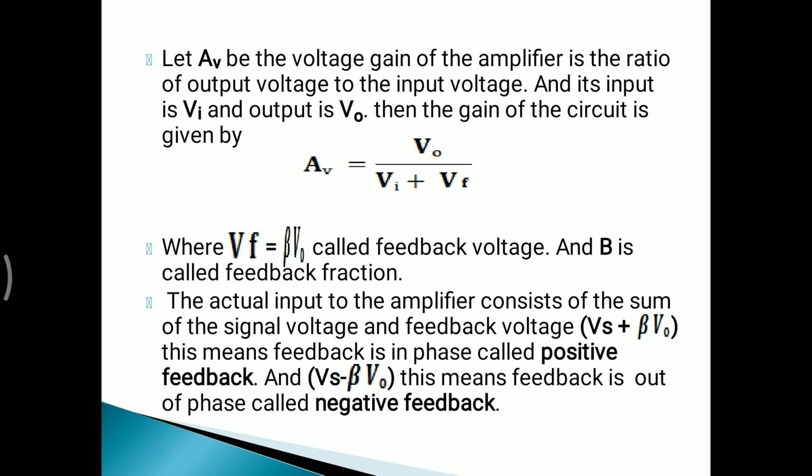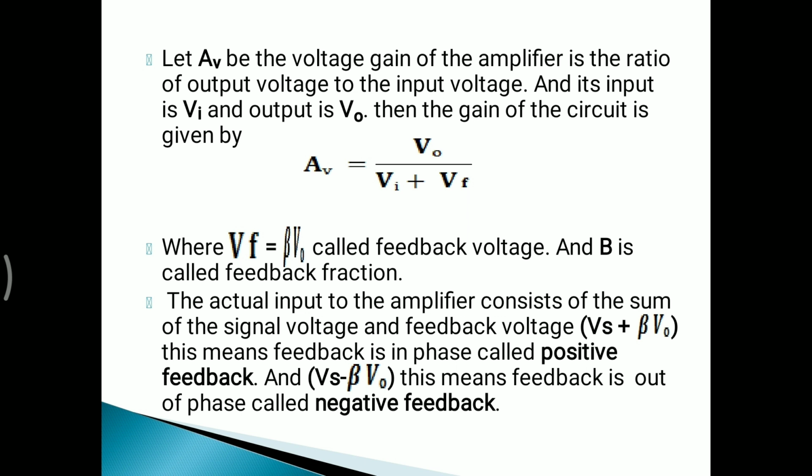When the source voltage and the feedback voltage add up, this is called positive feedback. If it subtracts from the source voltage, meaning Vs minus beta into V naught, the feedback is out of phase, called negative feedback.